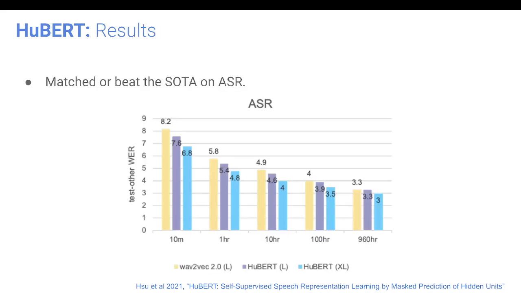And for ASR, we found that the representations of HuBERT were able to get better performance than Wav2Vec on, say, 10 minutes and slightly better on 1 hour. Of course, they get closer together as you have many more hours of supervision.